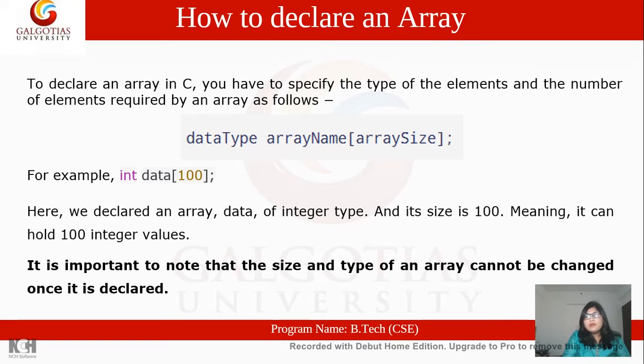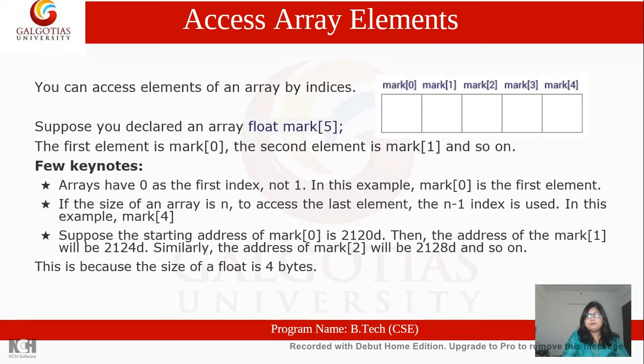Let us move ahead towards some more clarity in arrays. Now we had a discussion over what an array is, why we need an array, what the pictorial formation of an array is, and how and in what way we can declare it, what the syntax of an array is.